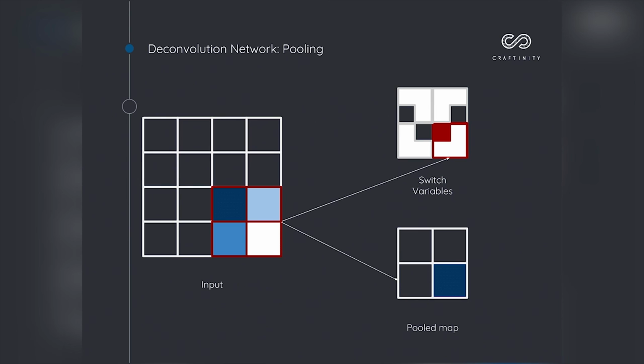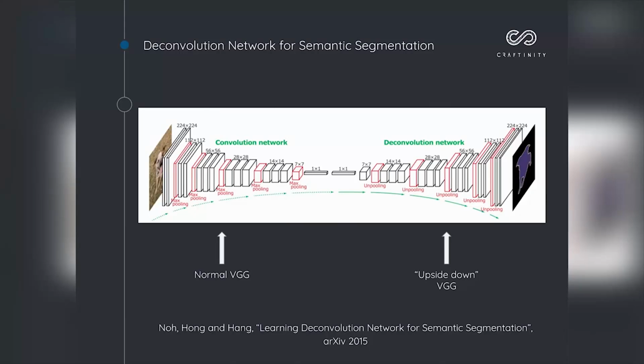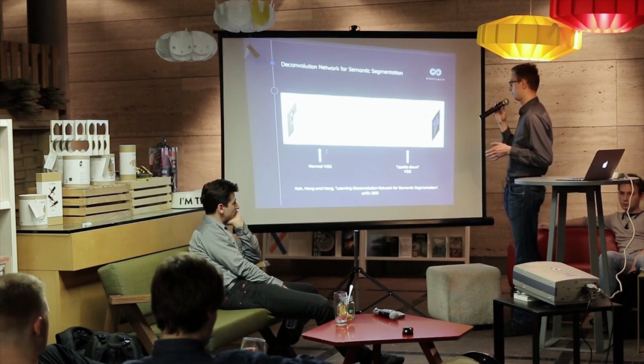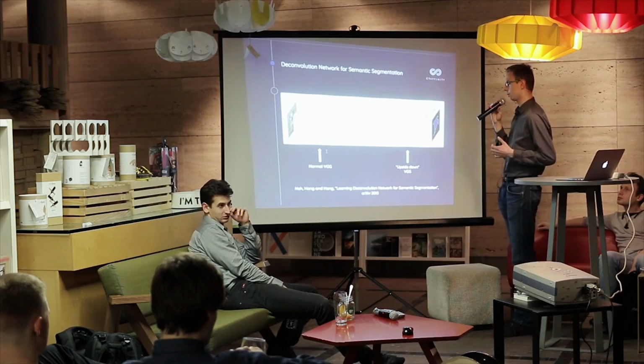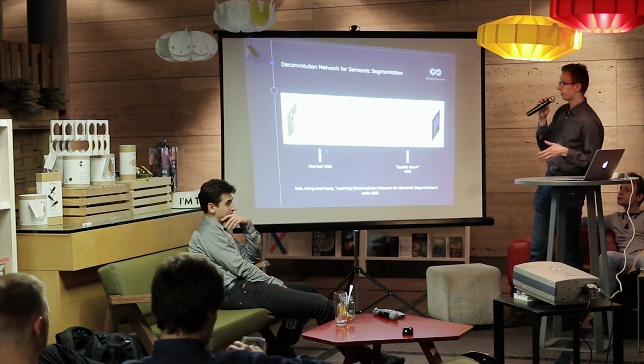Here we need one more operation to perform deconvolution and to reverse this VGG net. In convolutional neural nets, we have two main operations, convolutions and pooling. We already know how we can reverse convolution with deconvolution, but we need something for unpooling.